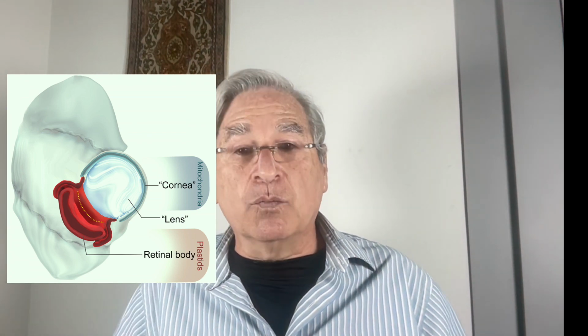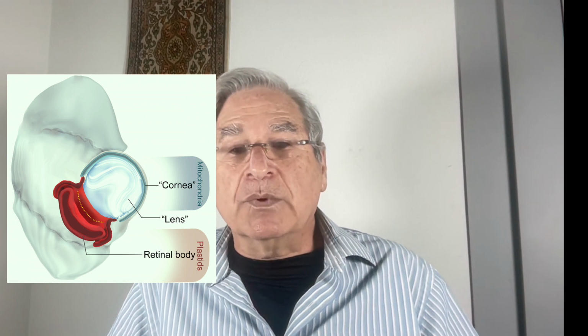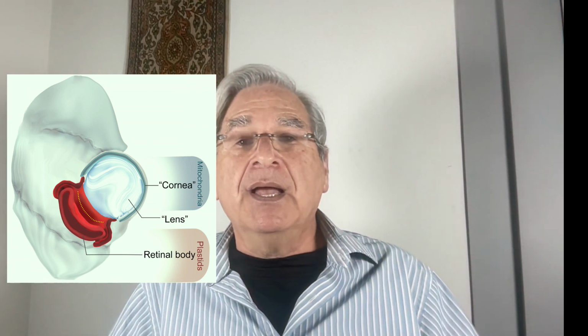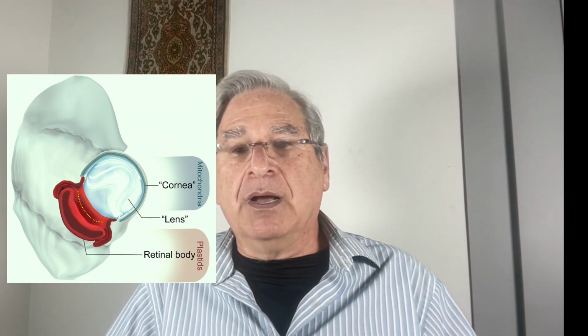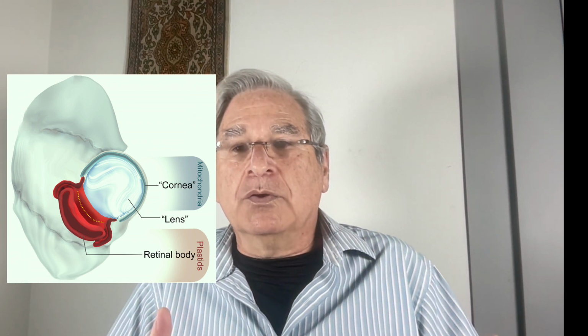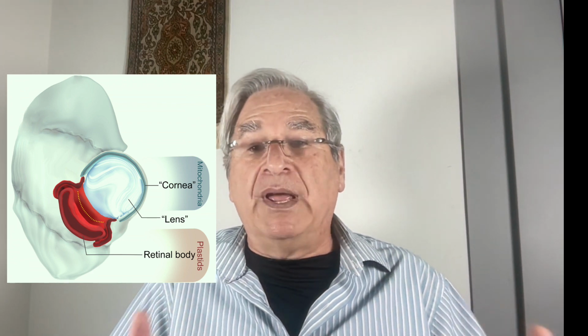Now, this is a one-celled creature, and it doesn't really have an eye like we think of it. After all, it only has one cell, but it sure looks like a bit of an eye. Some of its membranes are used like a cornea and a lens. That is, they will focus onto what's called a retinal body.